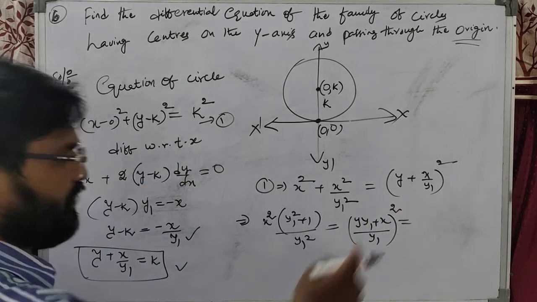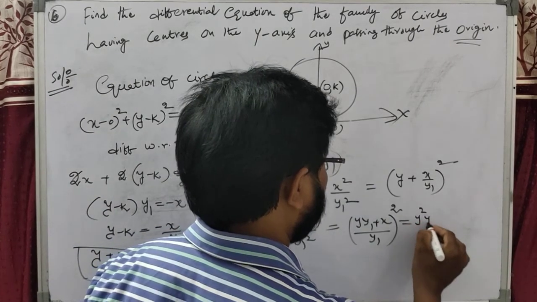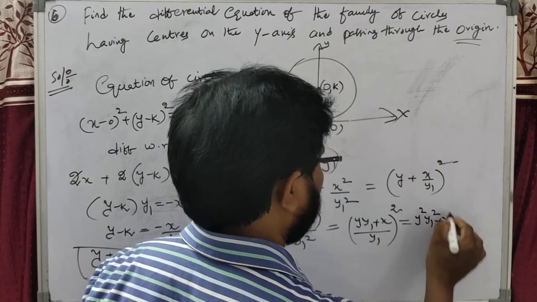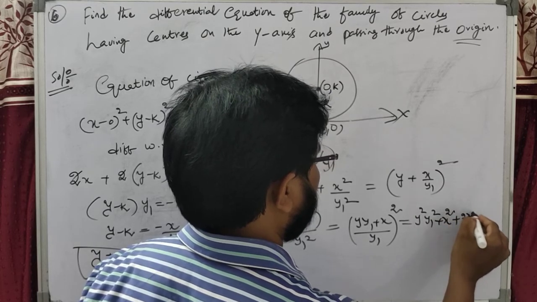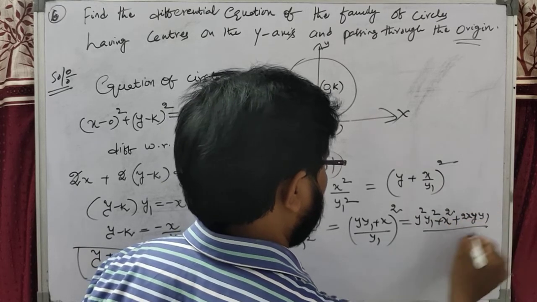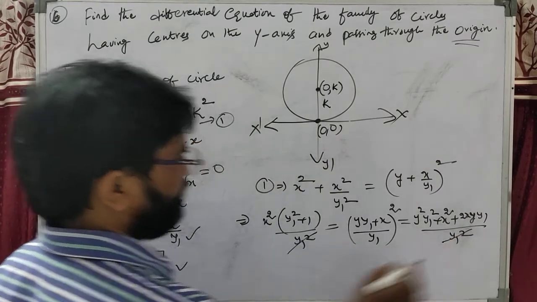Now using (a + b)², that is y² y1² + x² + 2xy y1 upon y1². Now these two are cancelled.